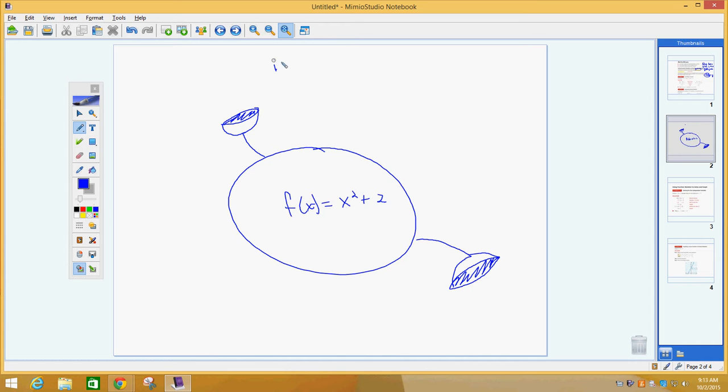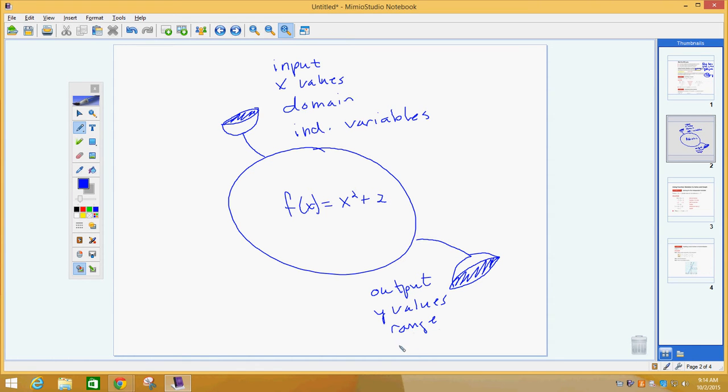When they go in, they're called input values or x values, or the domain. I can even call them independent variables. When they come out, they are called outputs or y values, and this is all review, or range, or the dependent variables.